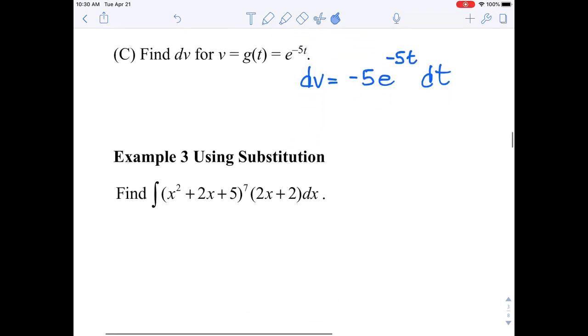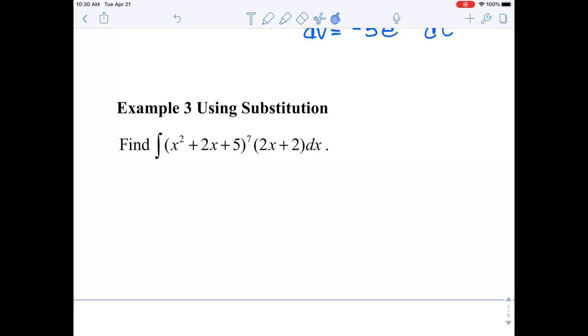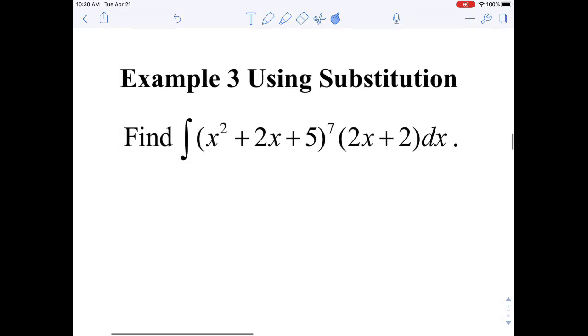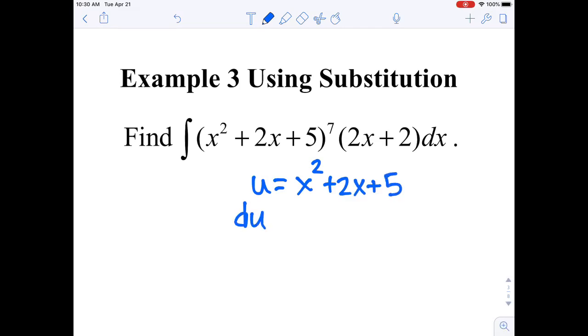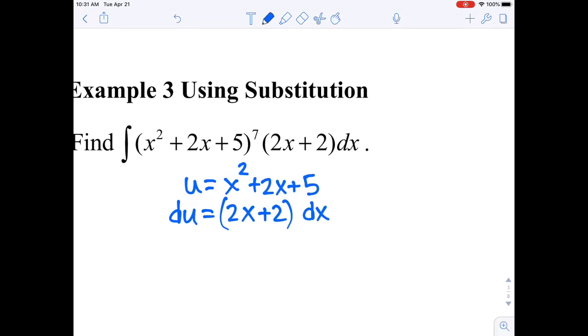So in order to do substitution, what you do is you find something that you can let a variable equal. So I'm going to say u equals x squared plus 2x plus 5, so that du equals 2x plus 2 dx. So then this would be the integral of u to the 7th du.